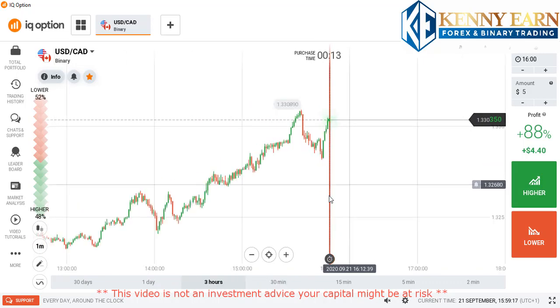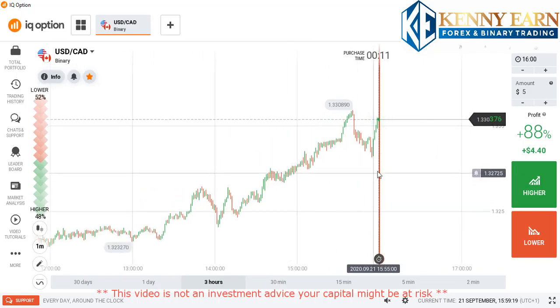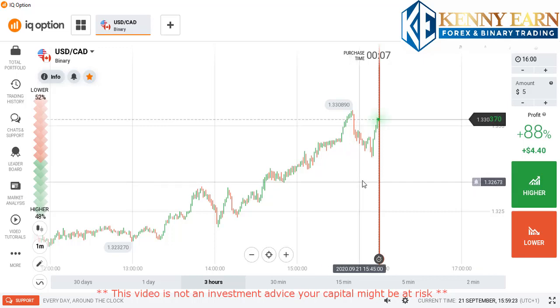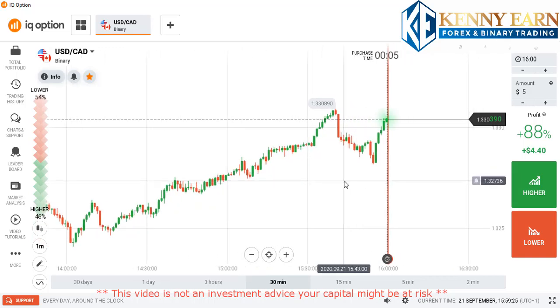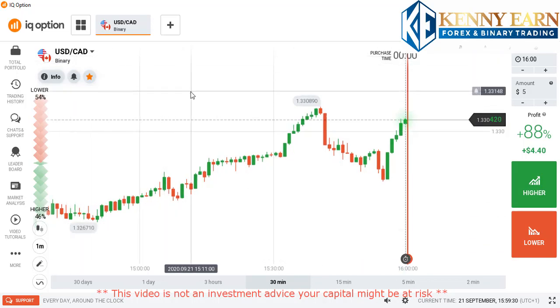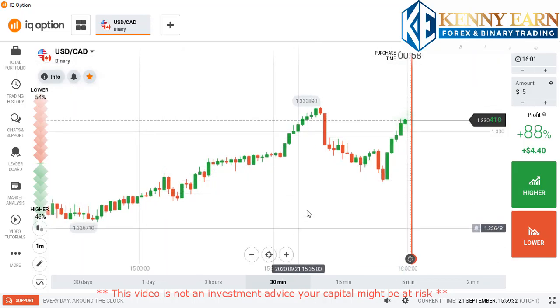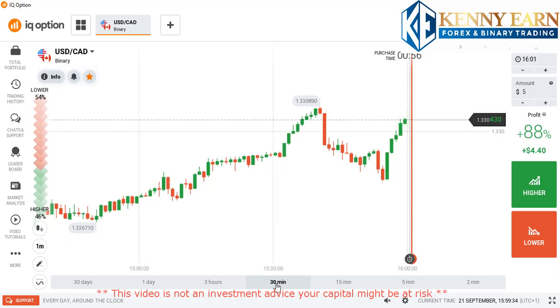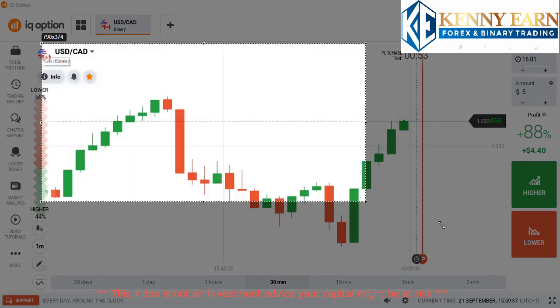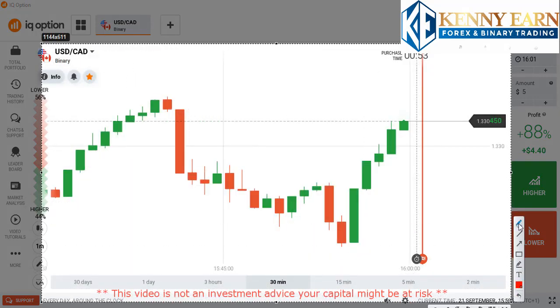Okay, so let's get started for today's tutorial. We'll be trading US card. So far over the last 30 minutes, this is what's currently happening in the market. The market has been on a long uptrend, but now we saw some sellers entry here.